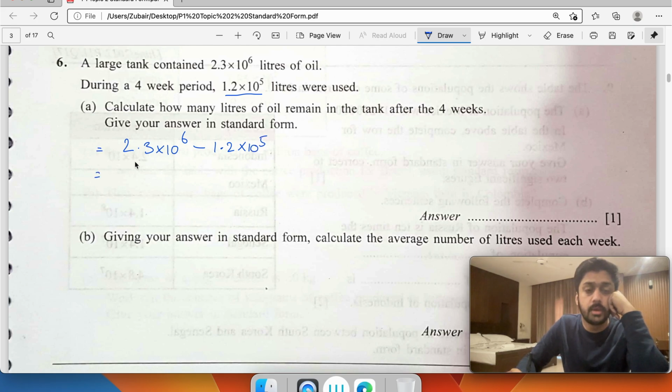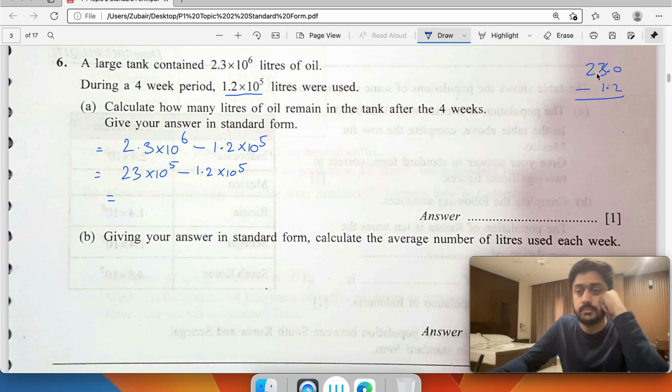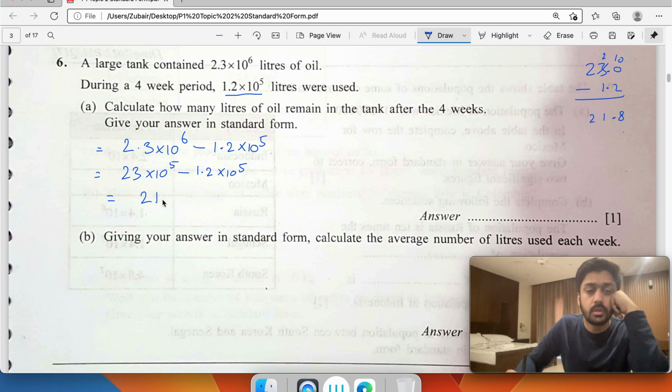This is the remaining number. 26 times 10 raised to power 5 minus 1.2 times 10 raised to power 5. So 26 minus 1.2, 24.8 times 10 raised to power 5 and 2.48 times 10 raised to power 6.